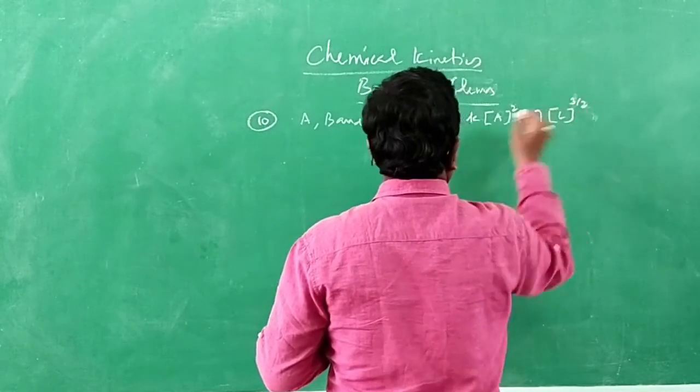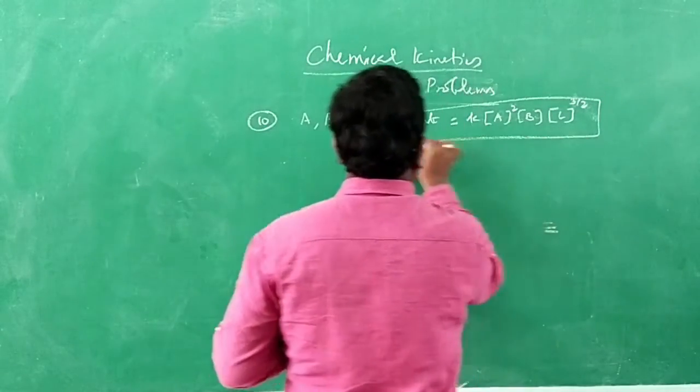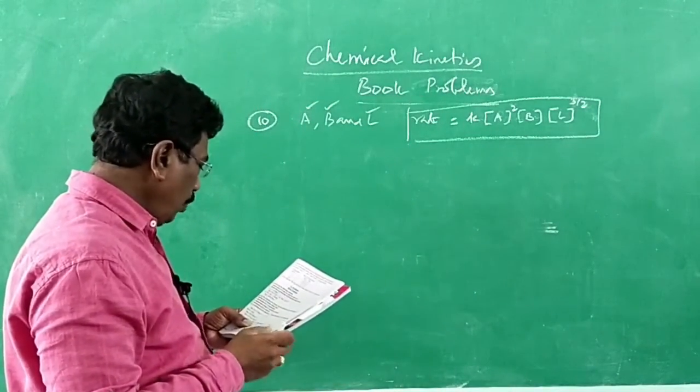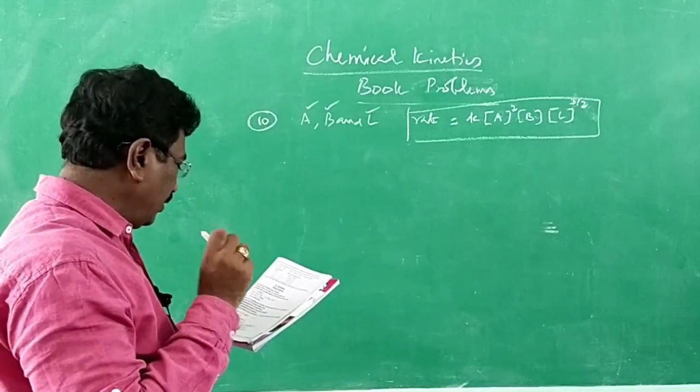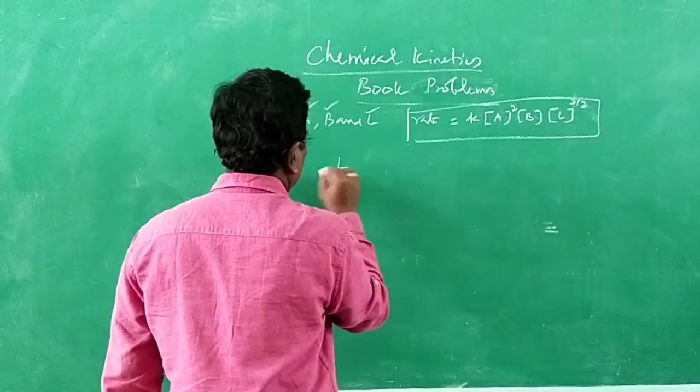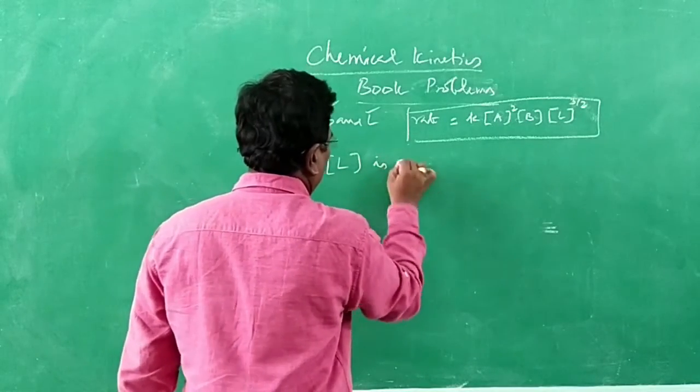So you are given a rate law for a reaction which involves A, B and L. Now, how would the rate of the reaction change when the concentration of L is quadrupled?